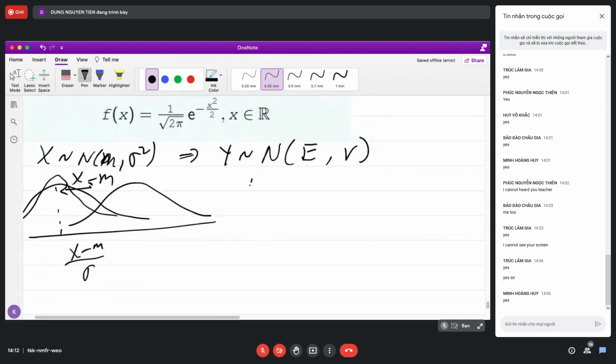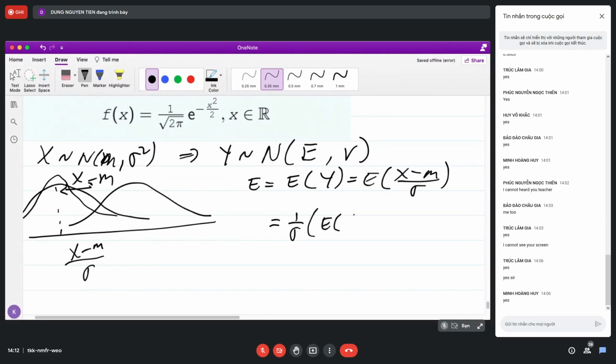Can we find the value of a? a is the mean of y, which is the mean of x minus m over sigma. And that is 1 over sigma times the mean of x minus m, right?